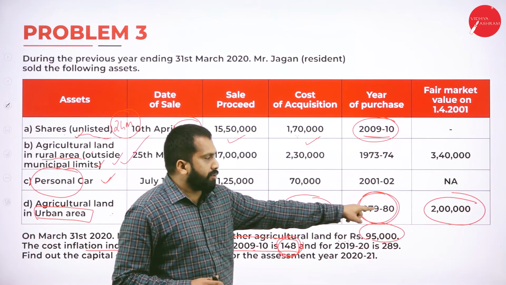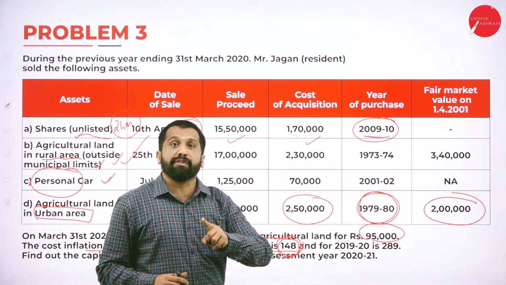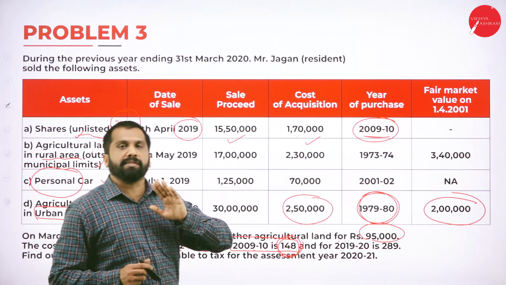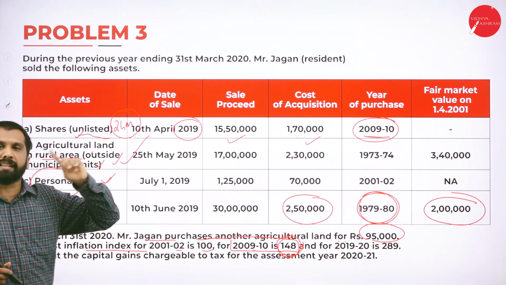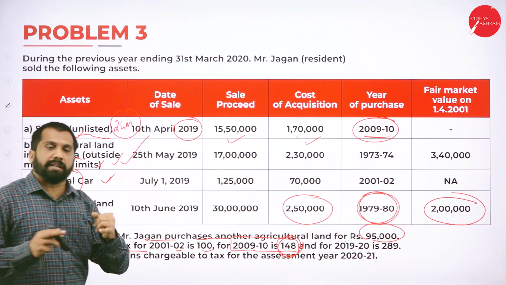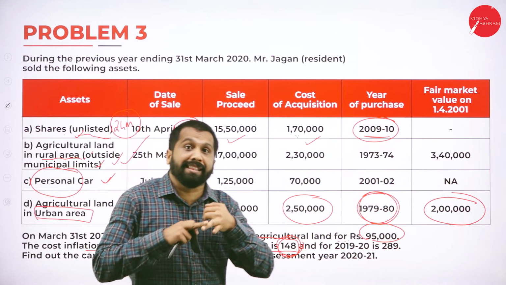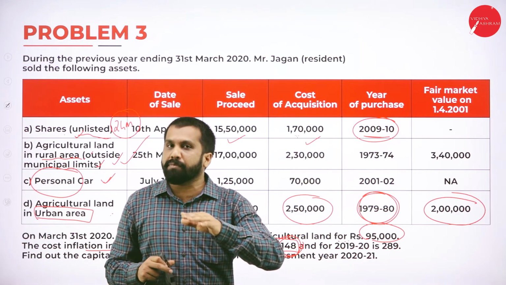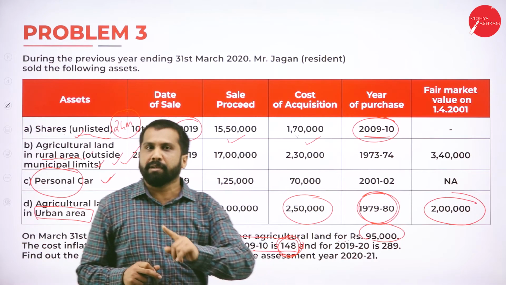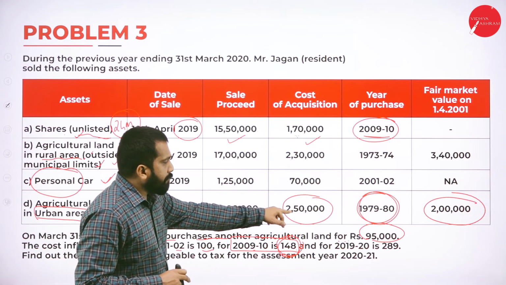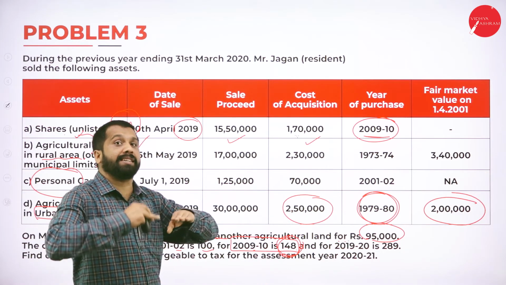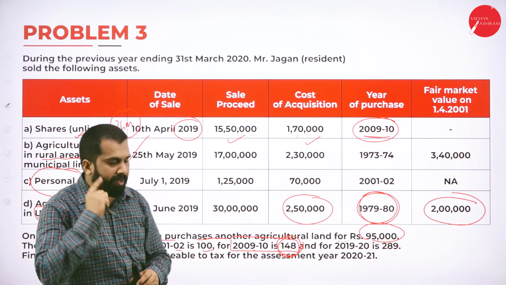So 2,50,000 or 2 lakh, which is highest? 2,50,000. Again, go back to the concept. WDV, in the last session I told you, WDV or actual, whichever is less. In case of WDV, we always go with the lower value. In case of fair value, always go with the greater one. Hope you are clear? Good.